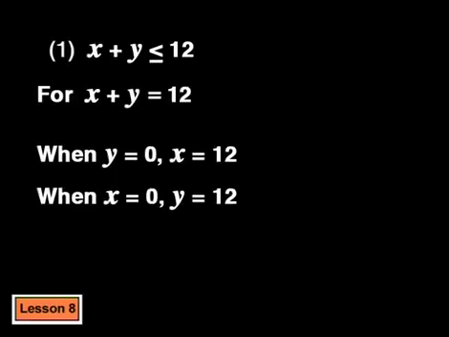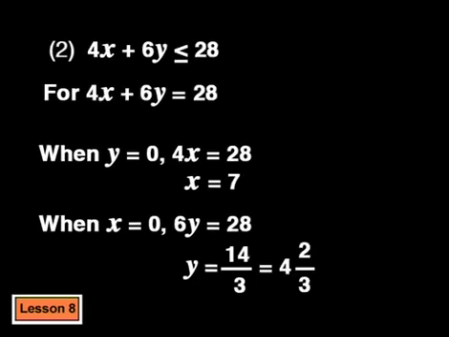Now, let's look at the first constraint and consider the equation part of the inequality. That will be x plus y equals 12. The y value of the x-intercept is 0, so if y is 0, that leaves x equal to 12. And for the y-intercept, x is 0, so y is equal to 12. Now the second constraint.